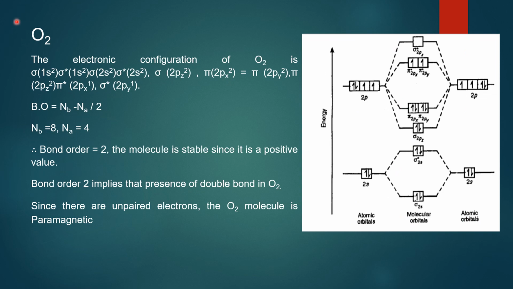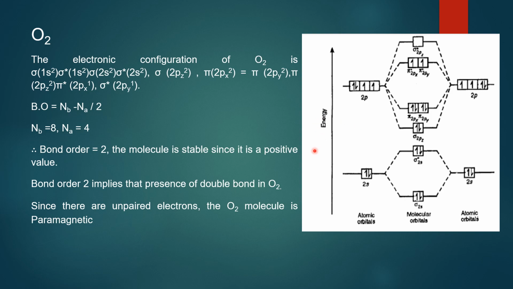O2 molecule is formed by the association of the two oxygen atoms. Each oxygen atom carrying 8 electrons and its electronic configuration is 1s2, 2s2, 2p4. As usual like N2 molecule, here also there is an overlapping between two 1s atomic orbitals of both the oxygen atoms under the 2s atomic orbital overlapping.